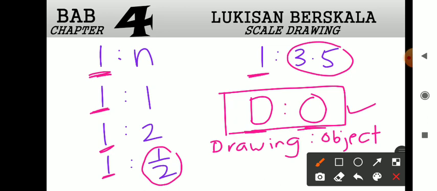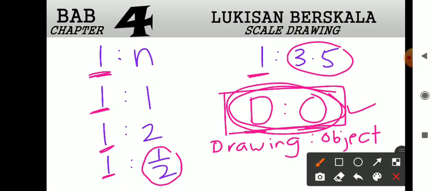So this is scale. Why we always use this 1 to 1? Why we always start from 1? Memorize this, okay? Drawing to original, drawing to original.